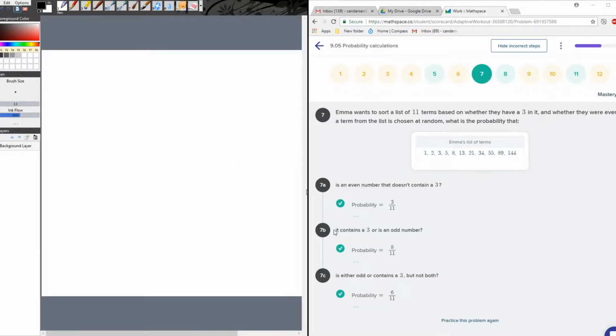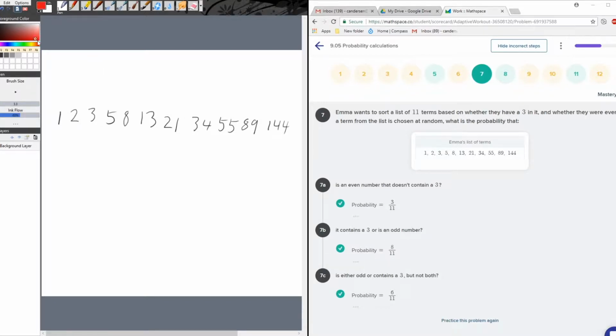Right, so the next question is, it contains a 3 or is an odd number? So let's write out the numbers: 1, 2, 3, 5, 8, 13, 21, 34, 55, 89, and 144. Now, if it has a 3, I'm going to give it a tick, and if it's an odd number, I'm going to give it a tick. If it's both, I'm going to give it 2 ticks.